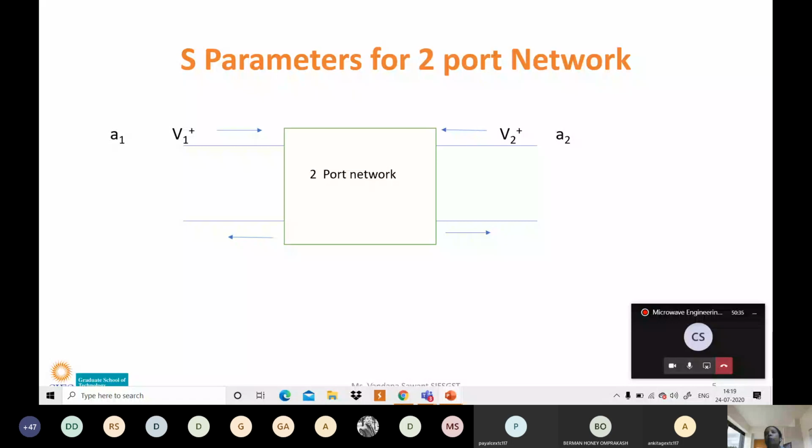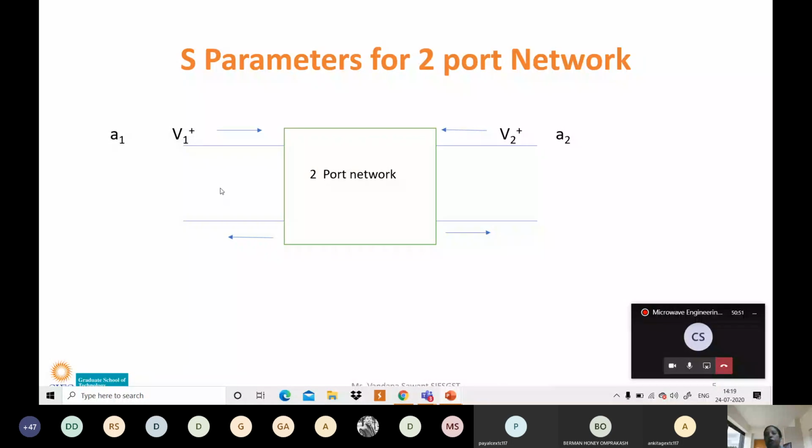But in the microwave circuit, you can change the ports anytime. You can use port number 1 as an input, or you can use port number 2 as an input. So we can provide the input from any one of the ports.